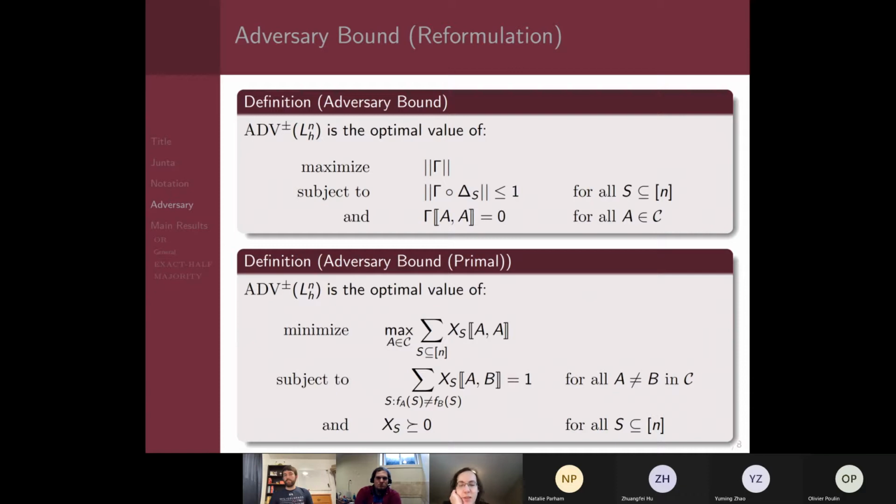But that's equivalent to saying that the matrix has to be positive semi-definite. So that's just a linear algebra fact. If you're trying to say this matrix comes from the inner product of a set of vectors with itself, then you're just saying the matrix is positive semi-definite. So these matrices X_S are those matrices. They're positive semi-definite, and you want to take the sum over all such matrices of the diagonal entry at A, A, like here.